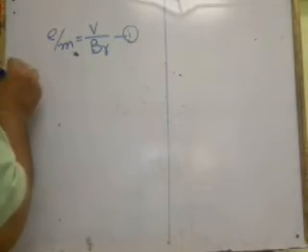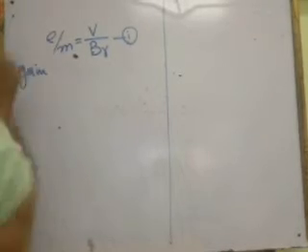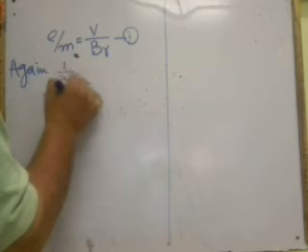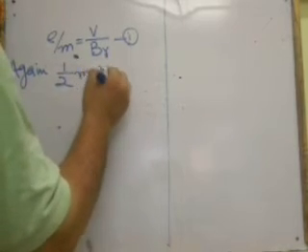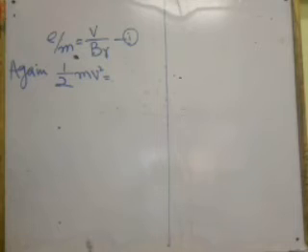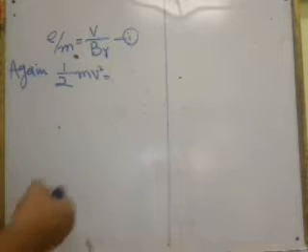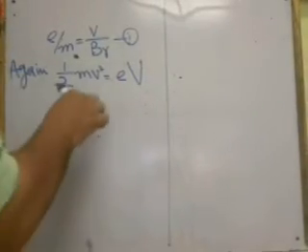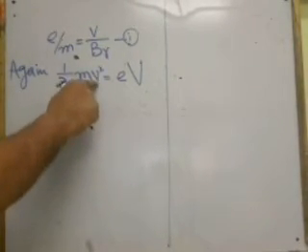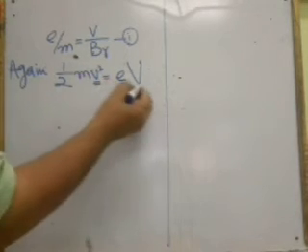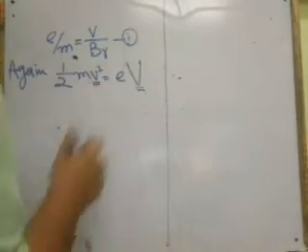Again, from our previous knowledge, we have one half m v square, the kinetic energy achieved by the charge, equal to this value, eV. Here there is a difference between small v and capital V. Small v is used for speed and capital V is used for potential difference.